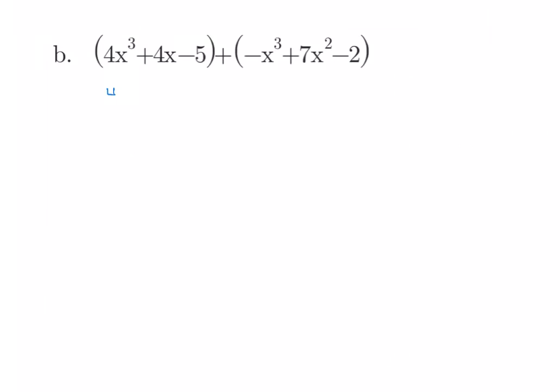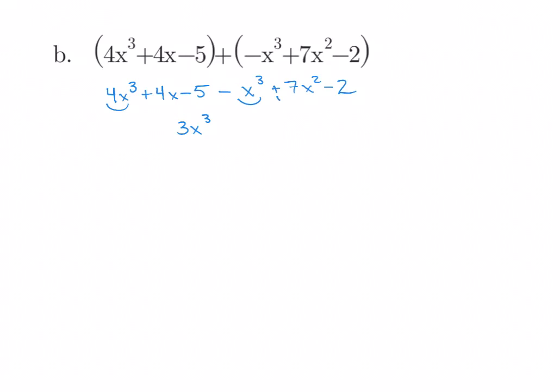Again, I want to write without parentheses, or again, if you want, you can just ignore them. We get minus x cubed plus 7x squared minus 2. So if we combine, I can combine my x cubes. I get 3x cubed, because 4 minus 1 is 3.